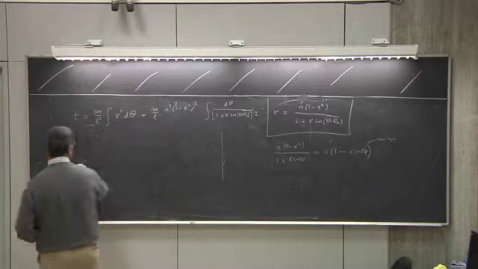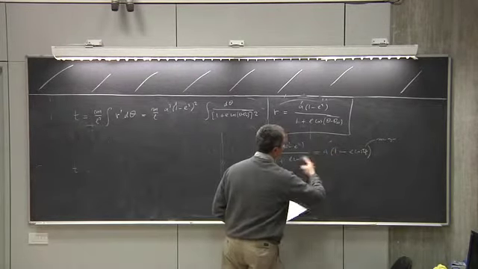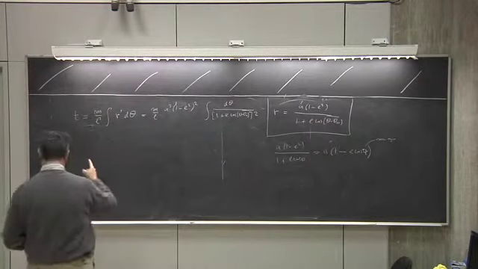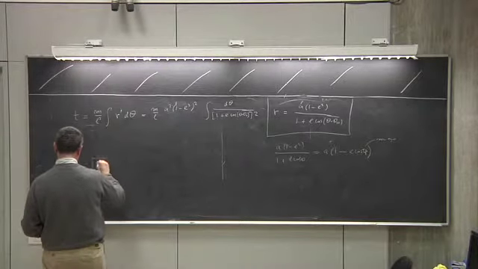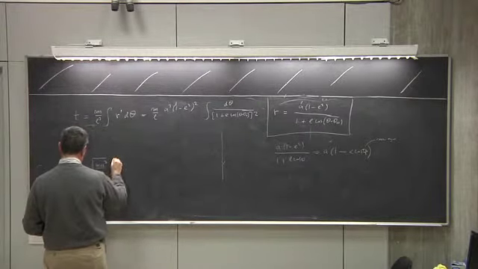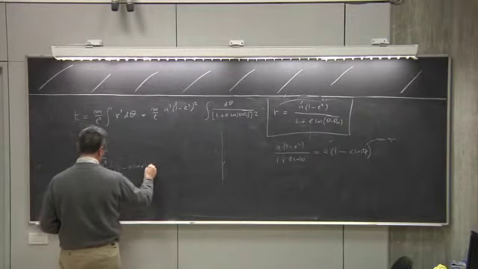My claim is that if you change your variable from theta to psi through this change of variables, this integral becomes this other integral here, with 1 minus E cosine psi d psi.